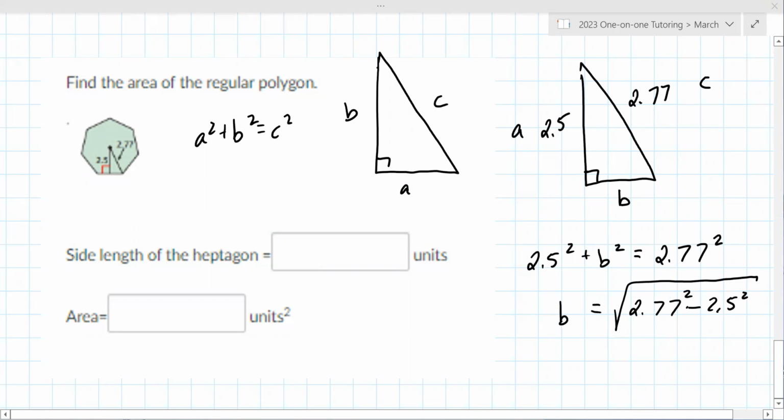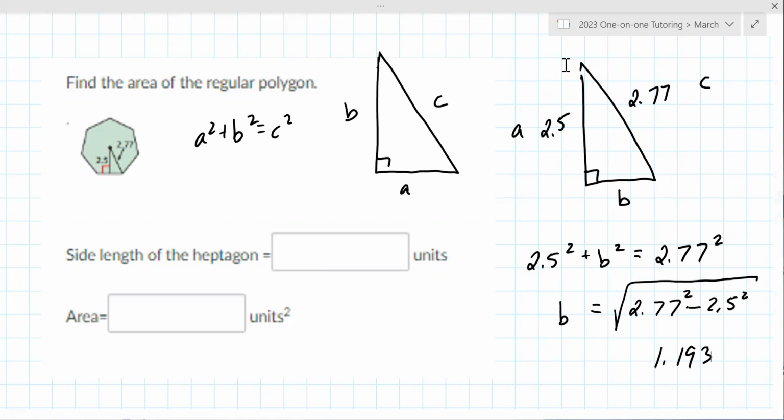If you have questions about how to use your calculator, I do have a virtual TI-83 if you need any assistance with that. So I get 1.193, something like that. Okay. And keep in mind that that's only part of the side. That's half the side. So you have to double this number to get the full side.